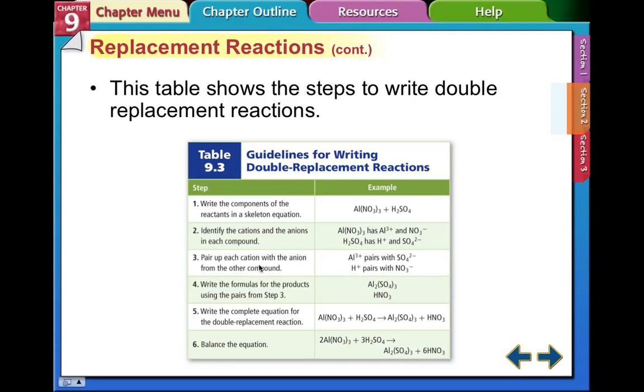Pair up each cation with the anion from the other compound. Write the formulas for the product using the pairs from step 3. Write the complete equation for the double replacement reaction, and then make sure that the equation is balanced. And you guys are really good at balancing equations now.